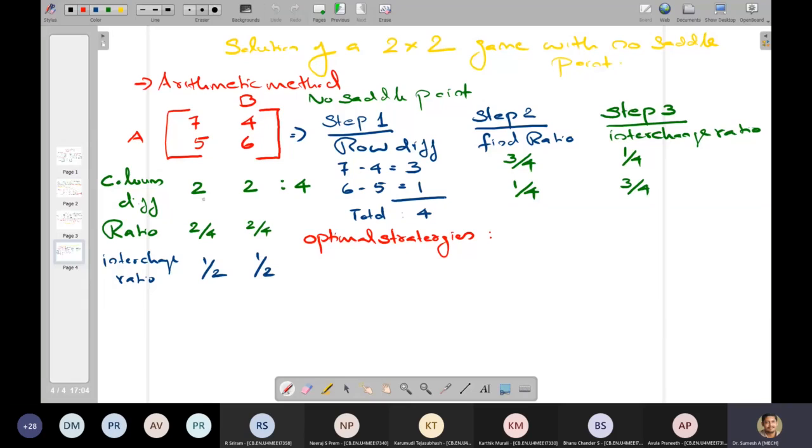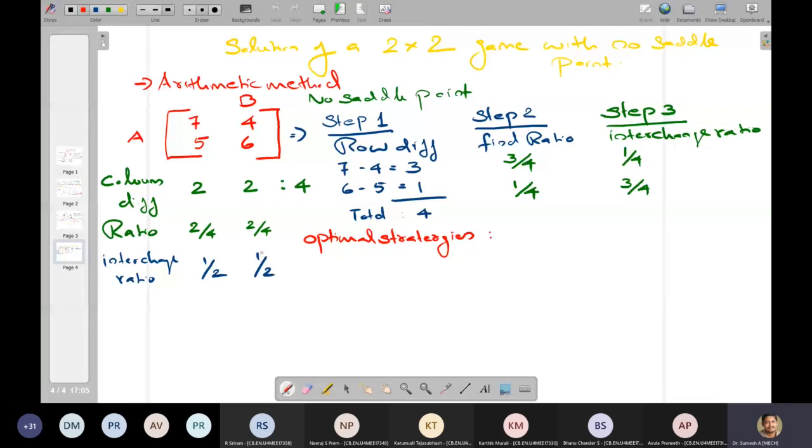So now what are the optimal strategies? What are we getting from these results? The optimal strategies for player A will be 1/4 and 3/4, and similarly for player B, it will be 1/2 and 1/2.